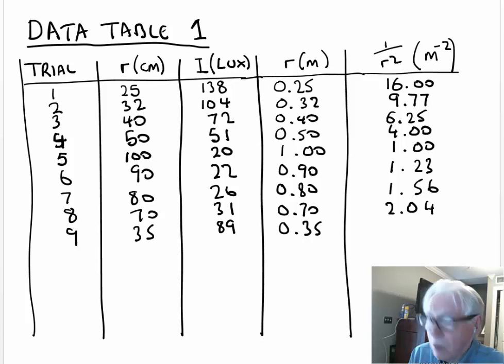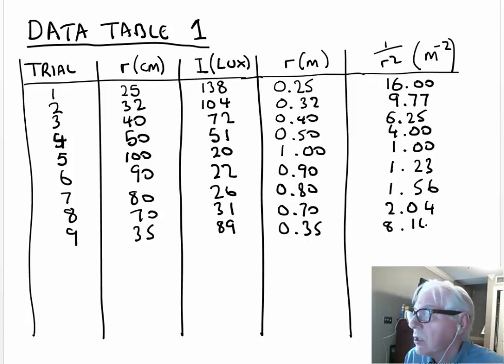Let's go back. 1 divided by parentheses 0.7 squared. Oh, it is. Yeah, okay. And then the last one is 1 divided by parentheses 0.35 squared. And that's going to be 8.16.